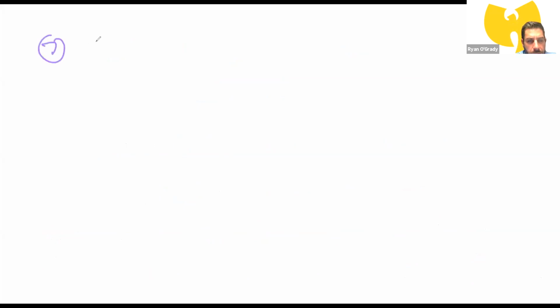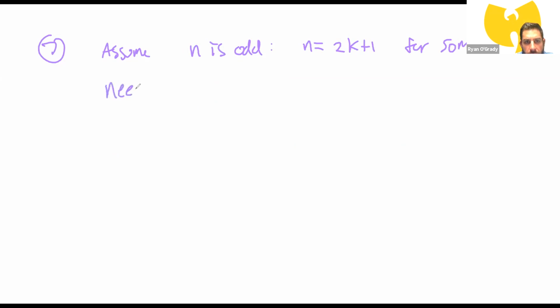So for 7, here's what you assume. You assume n odd, so that means n equals 2k plus 1 for some k. And then what do you need to prove? Need to prove that n squared is congruent to 1 mod 8.